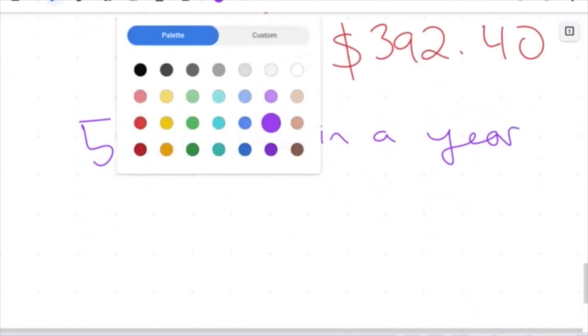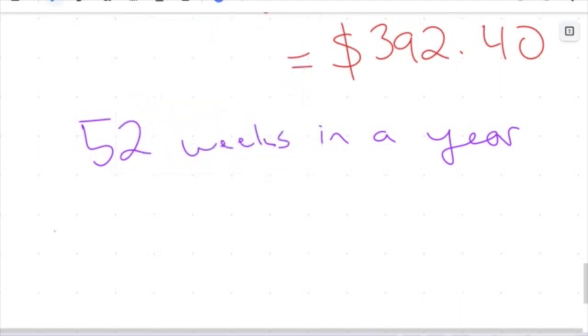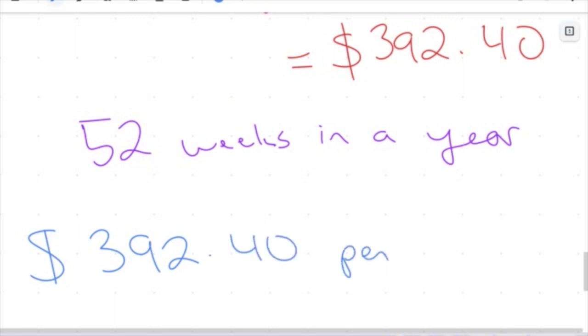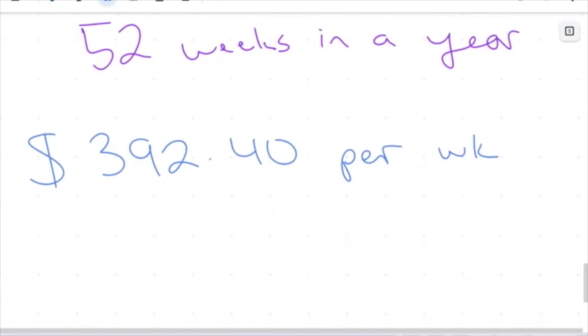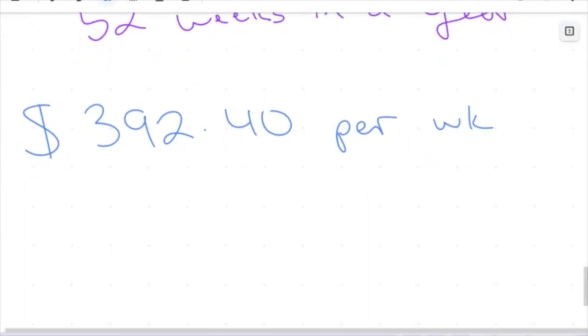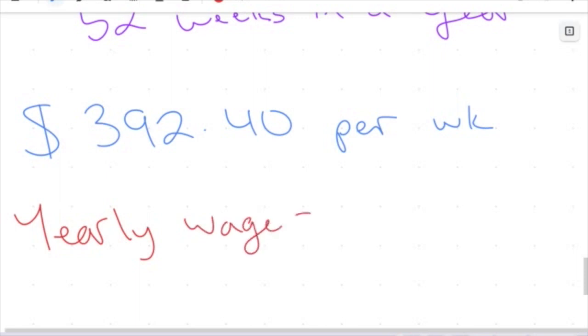So we have here $392.40 per week, and that means our yearly wage is going to be this amount, $392.40, and we're doing this 52 times because there are 52 weeks in a year.